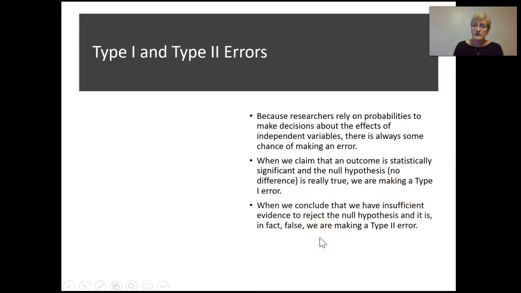If we conclude we have insufficient evidence, when we conclude we don't have the evidence to reject the null, and it's in fact false, so that means we look at the pattern, we run the test, and we claim there's no effect.